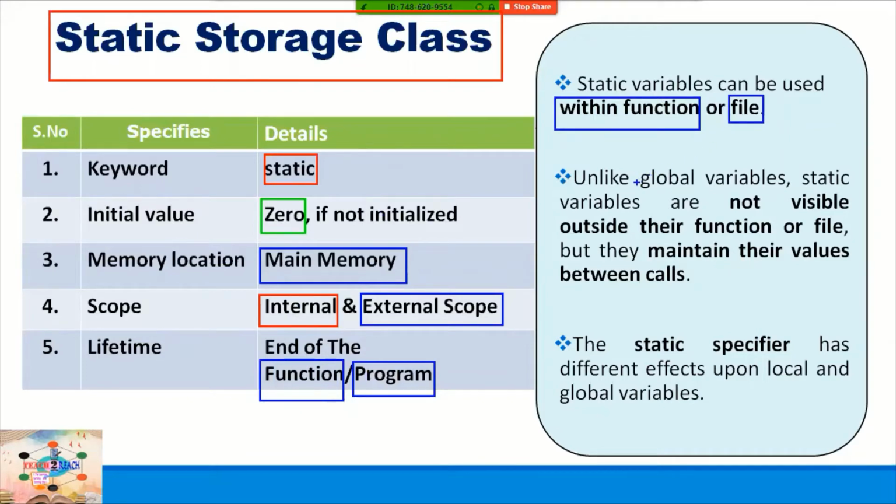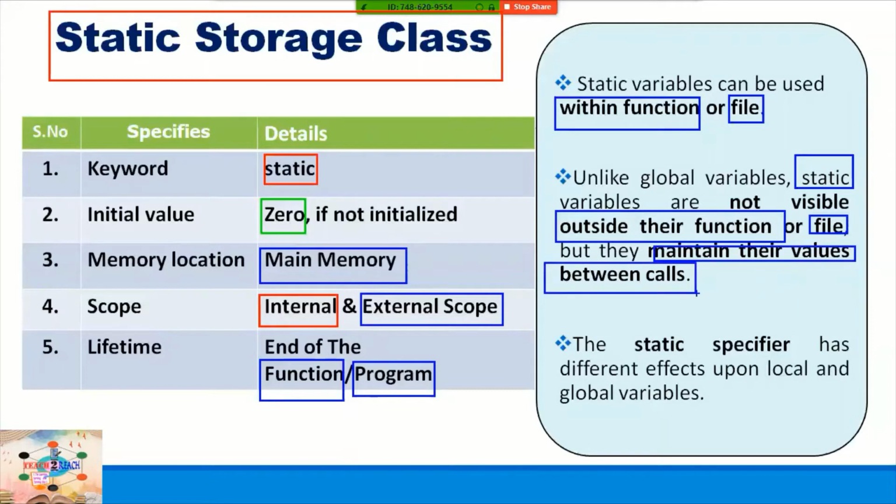So all static variables can be used within the function or within the file. Unlike global variables, static variables are not visible outside. Why? Because static variables are not global variables, but we can use them with internal as well as external scope. That doesn't mean those variables are global variables. That's why they are not visible outside their function or file, but they maintain their values between calls.